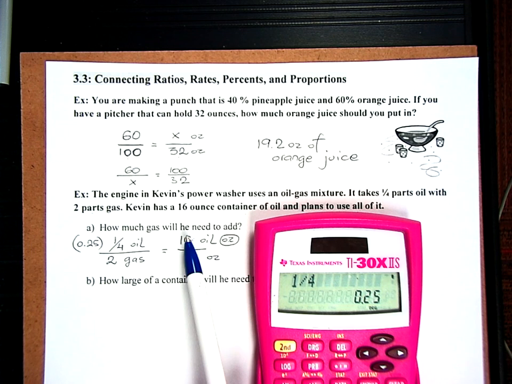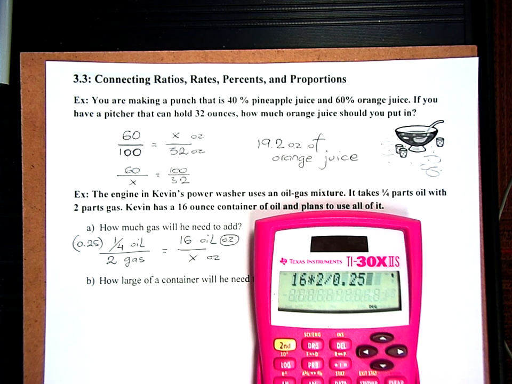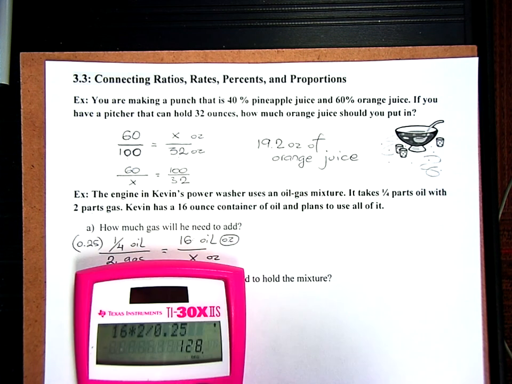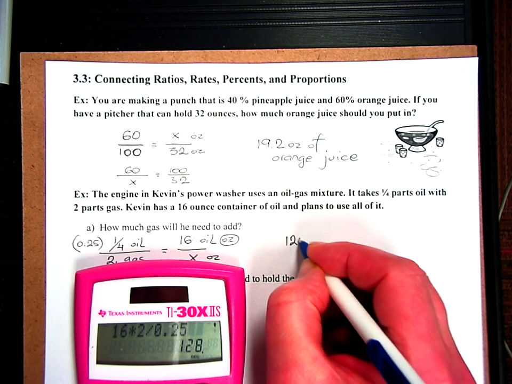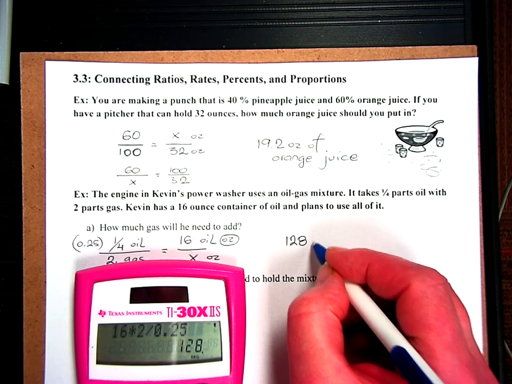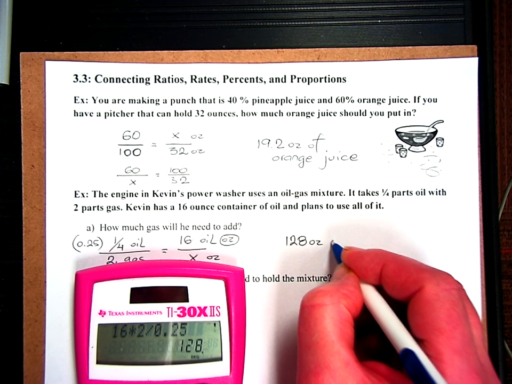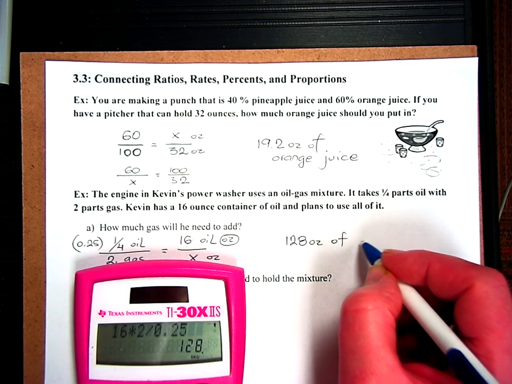Or you can do 16 times 2, and dividing by 1/4 is the same as multiplying by 4, so multiply by 4 there. Either way it will work. So 16 times 2 divided by 0.25 will give me 128 ounces of gas.